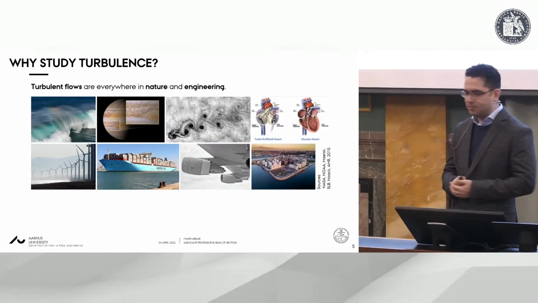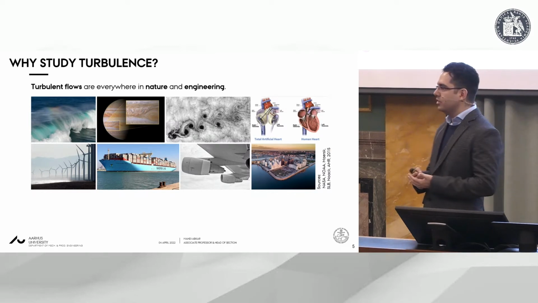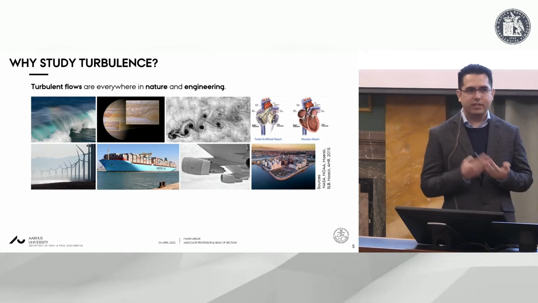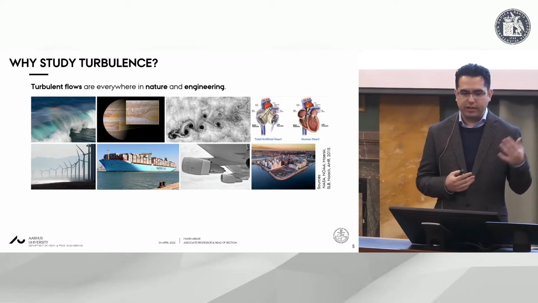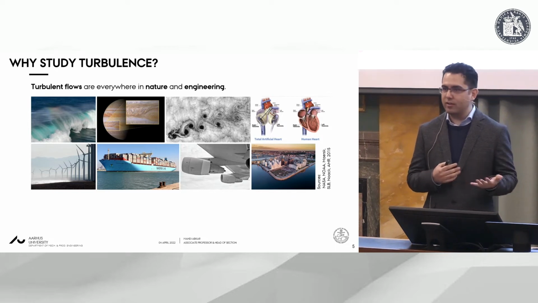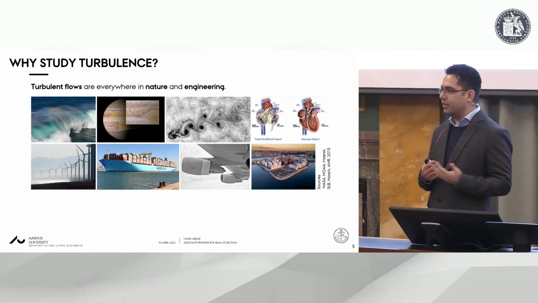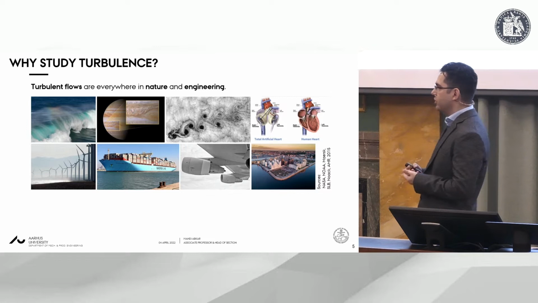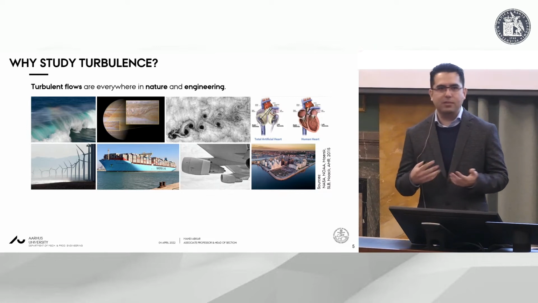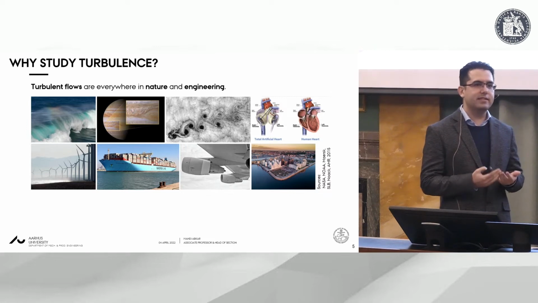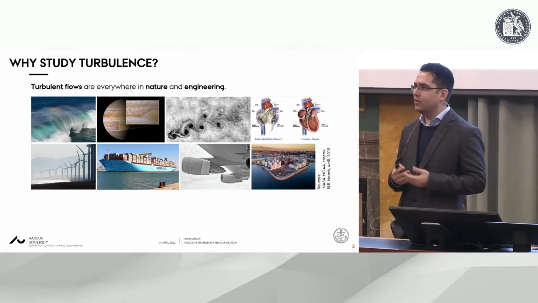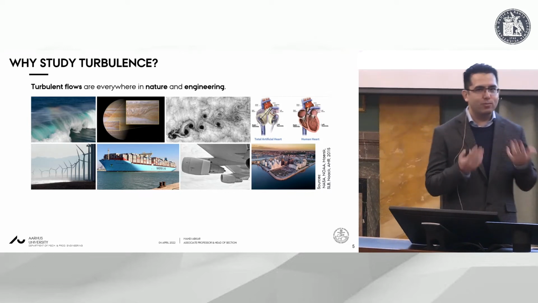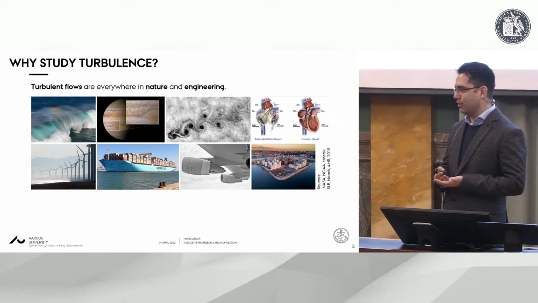In engineering disciplines, turbulent flows are key in many sectors, like energy, transport, and health. As engineers, we are always interested in optimizing the design and operation of these systems. For example, we want more productive, less expensive wind farms, more efficient aircraft, or more accurate, more reliable weather forecast models.